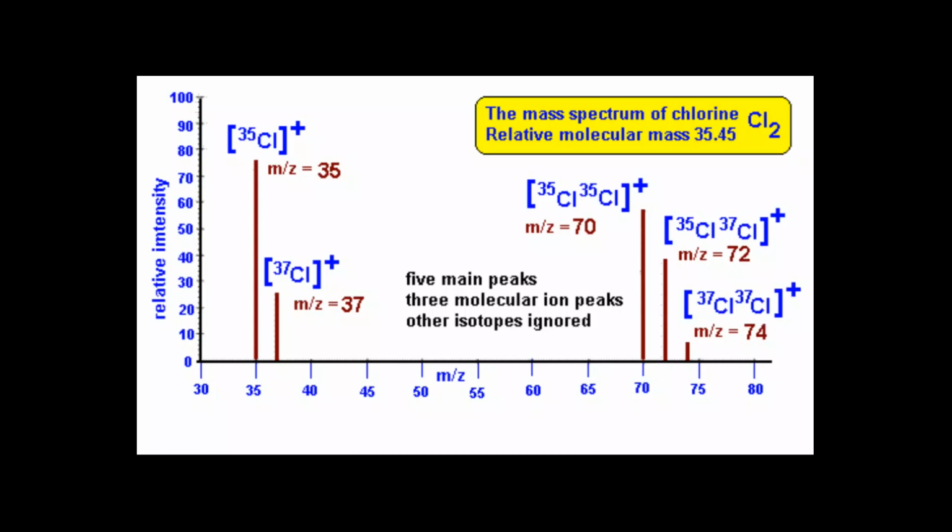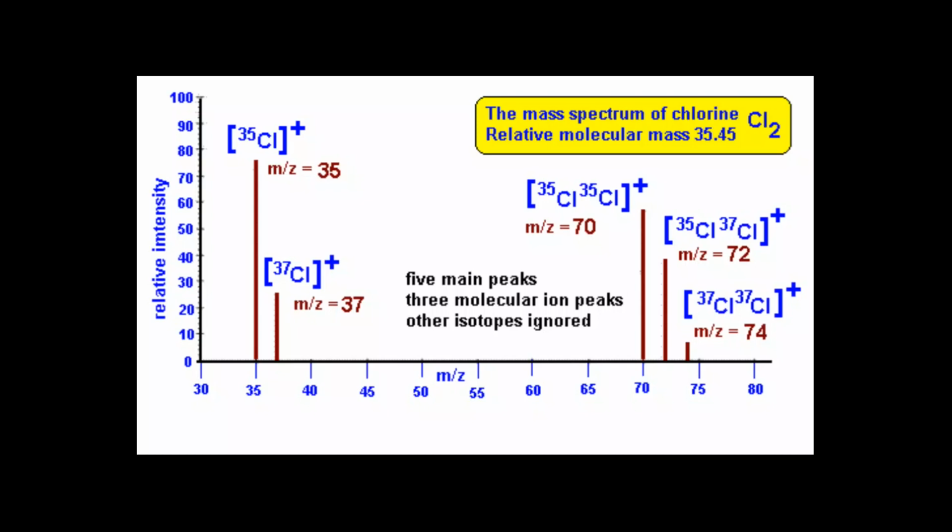And a mass spectrometer will ionize some chlorine molecules to form chlorine ions, and some of them will exist as atoms, and some will exist as ionized molecules.